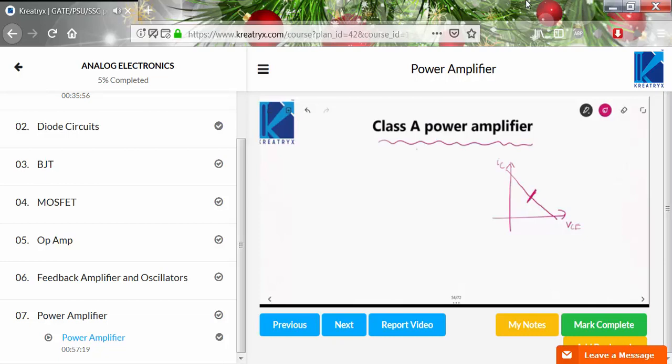Next, coming to the classification of power amplifiers, class A power amplifiers can be classified into three types. One is direct coupled power amplifier, next transformer coupled amplifier, next push pull amplifier.